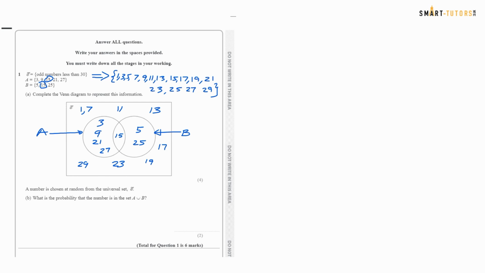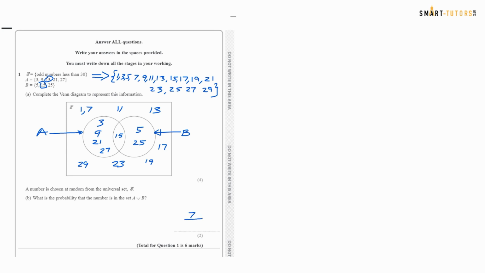Part B: a number is chosen at random from the universal set. What is the probability that the number is in the set A union B? A union B means A or B, in either set. So one number is selected at random.